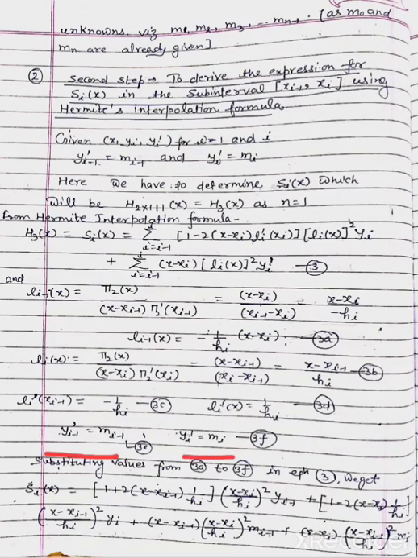Substituting all these values into the formula, we get h3x equals to Six equals to this. We put all these values and we open the summation for both the values i minus 1 and i. Then we get 4 terms here, 2 terms from this and 2 terms from this for i minus 1 and i, and similarly for the second term.